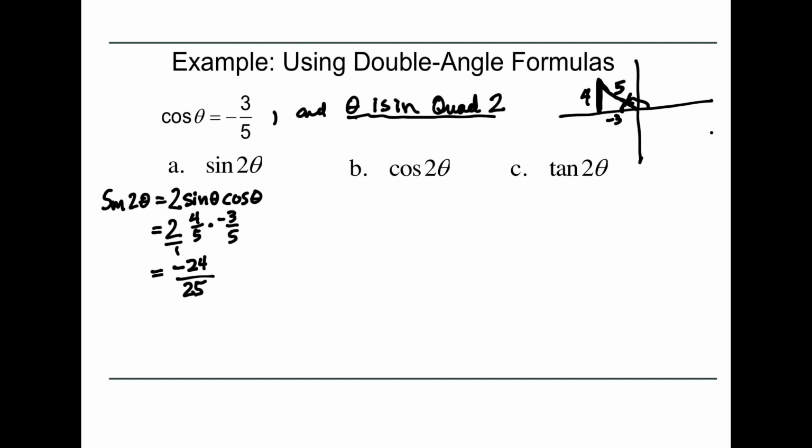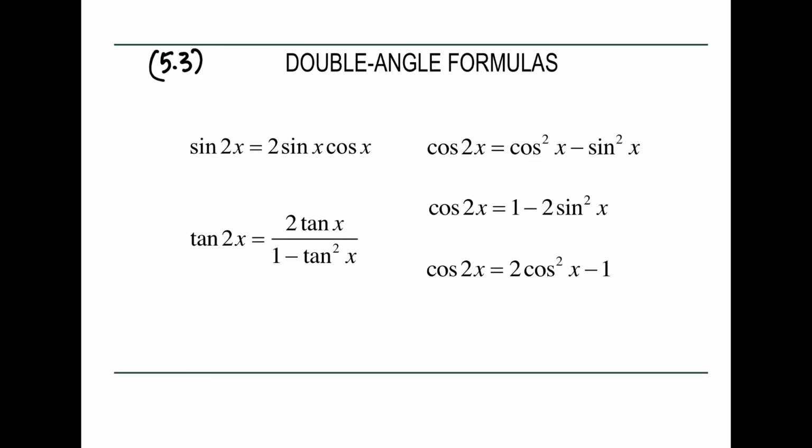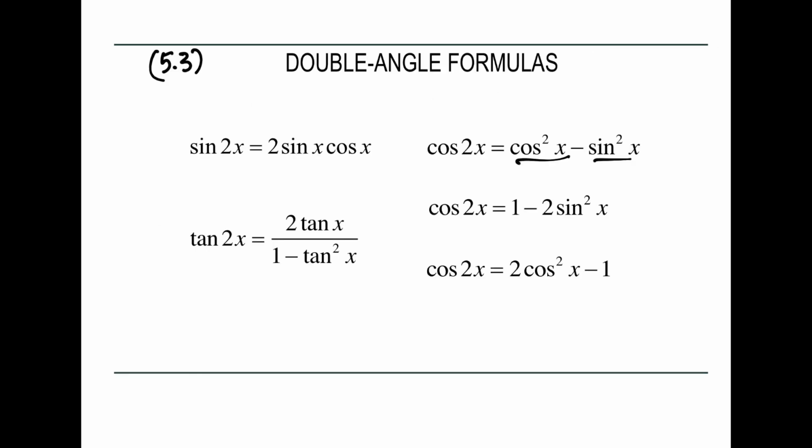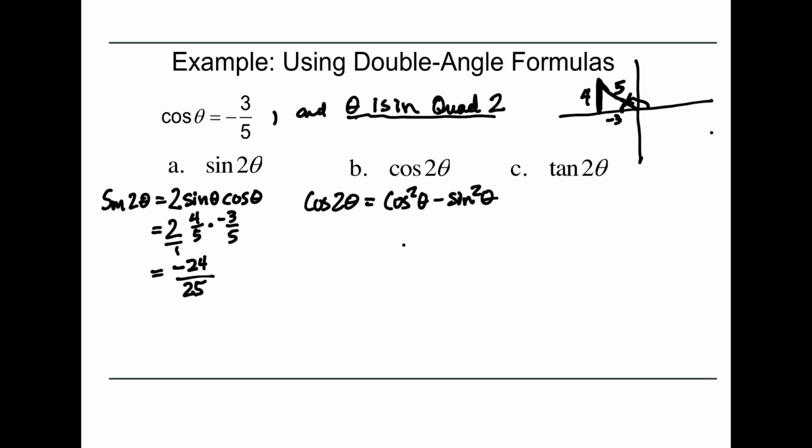For cosine 2 theta, remember that there are several choices that we have here. Let's go back. We had 3 of them. We could use this one, very simple, cosine squared x minus sine squared x. So cosine squared theta minus sine squared theta. I'm double checking. Since it's subtraction, they have to be in the right order.